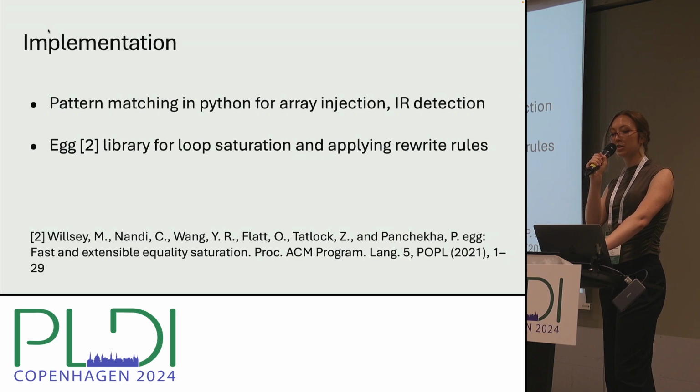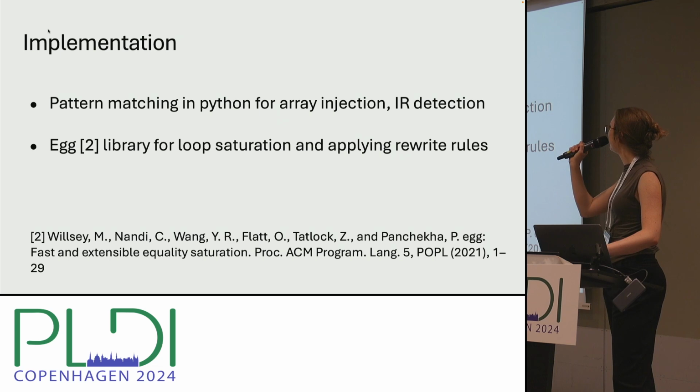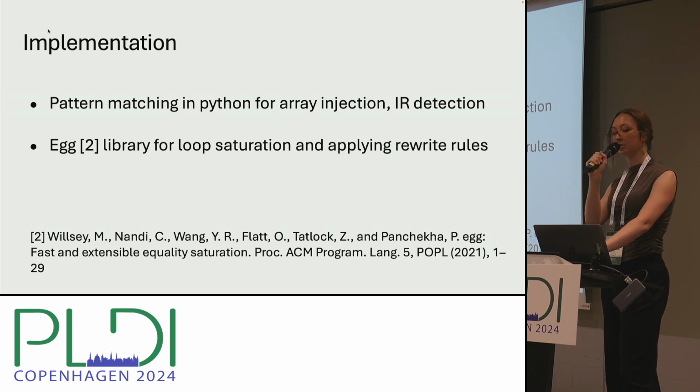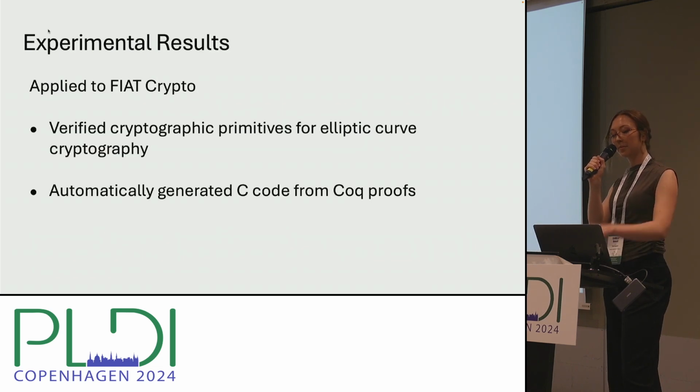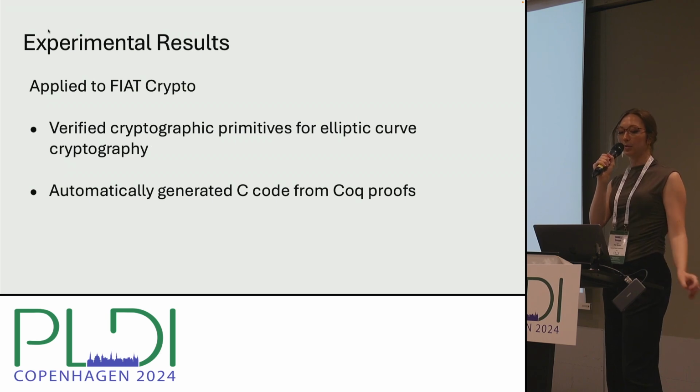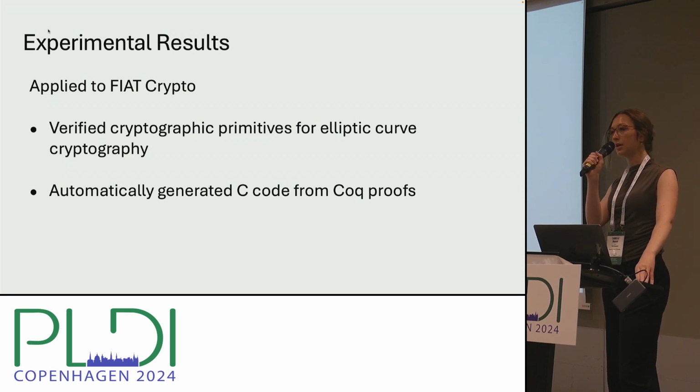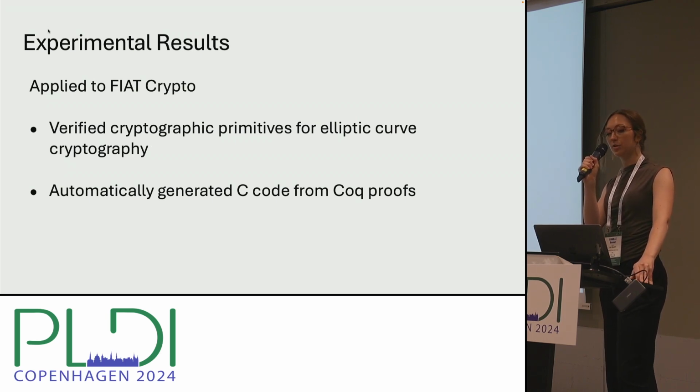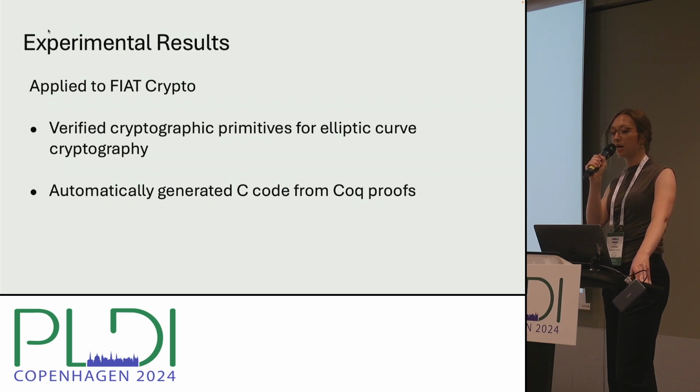So the implementation is currently very simple. It's in Python for the array injection and IR detection. And then once we have an eGraph structure that's amenable to egg, we use egg to do the loop saturation and apply the rewrite rules. So again, we're applying this to Fiat Cryptography, which is a set of auto-generated C code for cryptographic primitives. And we look for loop structures in that code.